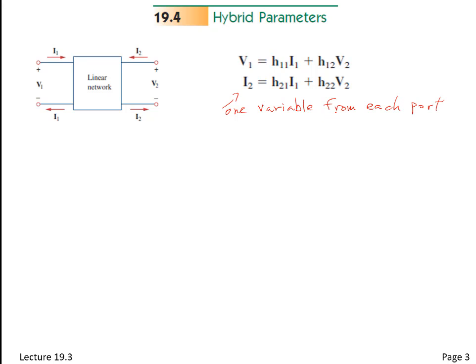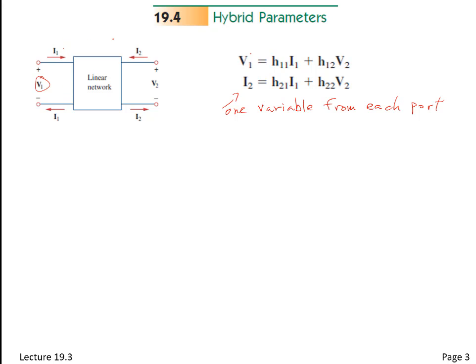That's what's important there, a variable from each port. And that's what I did when I flipped them in the two examples I left at the bottom of the previous page. So if you start just with that definition, you say that V1, what can it be a function of? Once I say, I'm going to write something about this guy right here, I need to pick one input variable, one left side variable, and one right side variable.